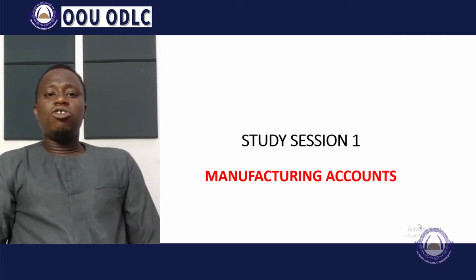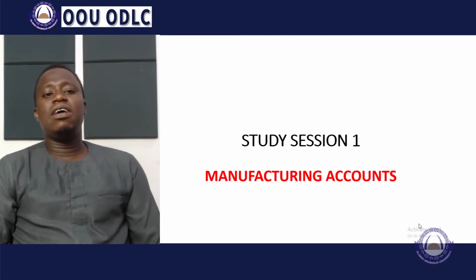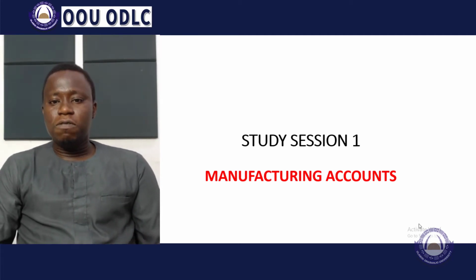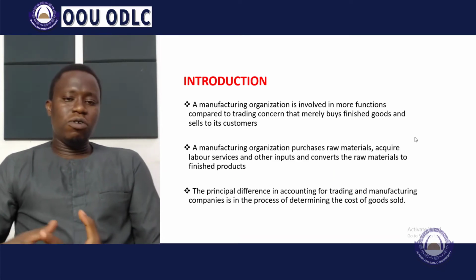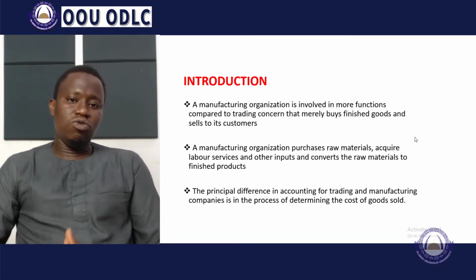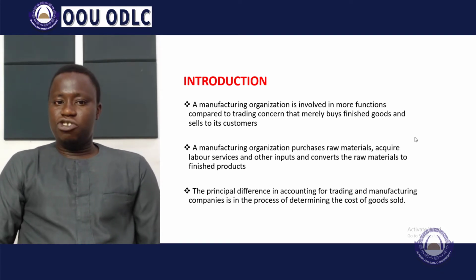When we talk of manufacturing account, it is peculiar to a manufacturing concern, that is, an organization that is involved in the production of goods before the goods are forwarded to those who will sell and distribute.